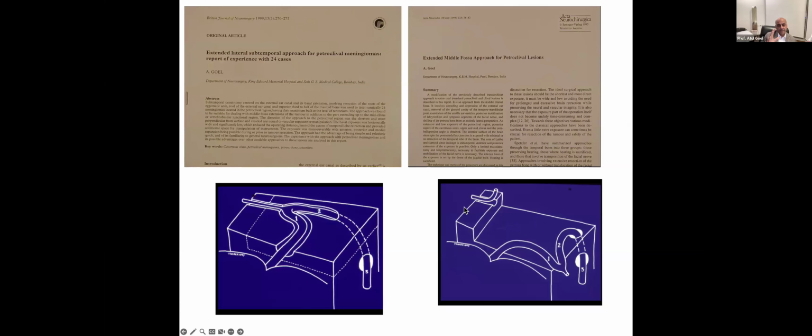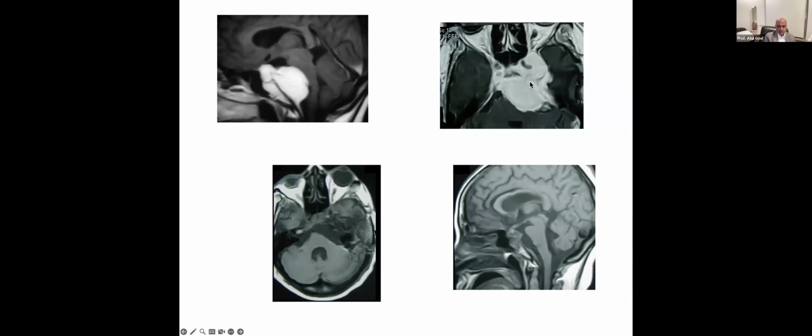So you can imagine middle fossa approach was my hallmark, which I presented all over the world in several lectures and several meetings. And some of these approaches have been very highly cited in the literature. So these kind of tumors, my exposure was middle fossa all the time, and petrosectomy, mobilization of facial nerve, mobilization of carotid artery, mobilization of trigeminal nerve.